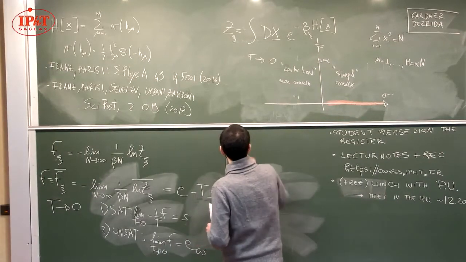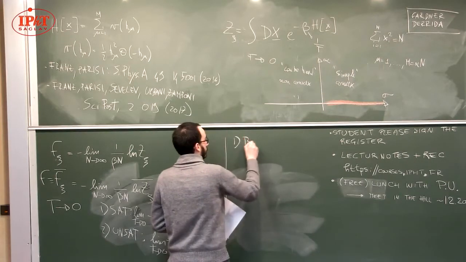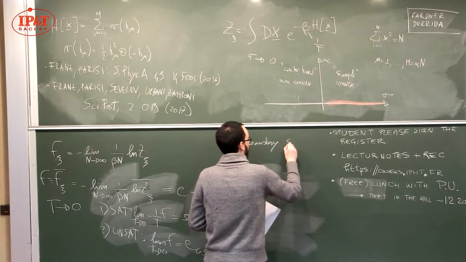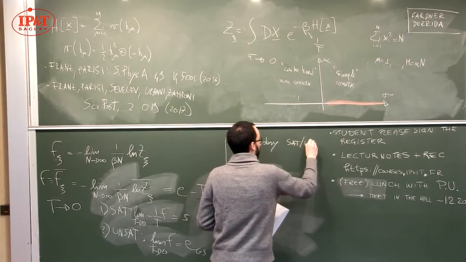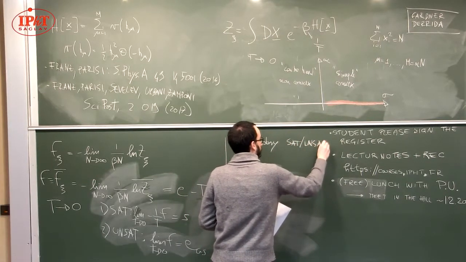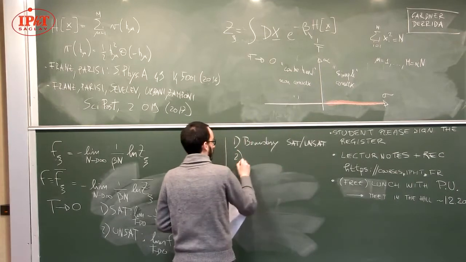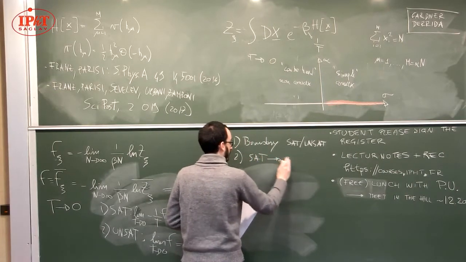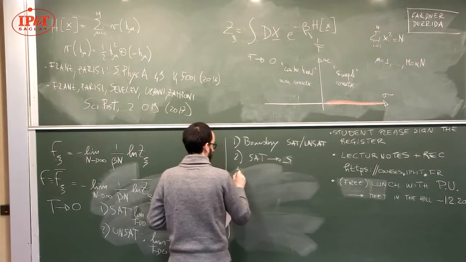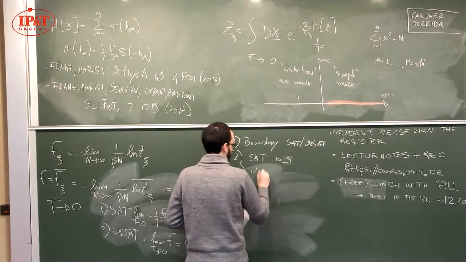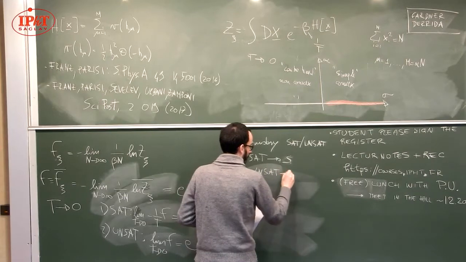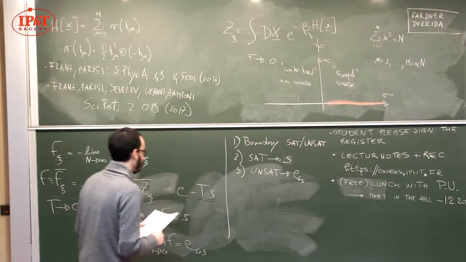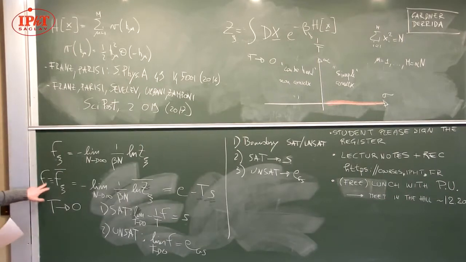One is the boundary between SAT and unsat. In the SAT phase, you get the entropy. And in the unsat phase, you get the ground state energy. Okay. So what we will do now is to compute this free energy.